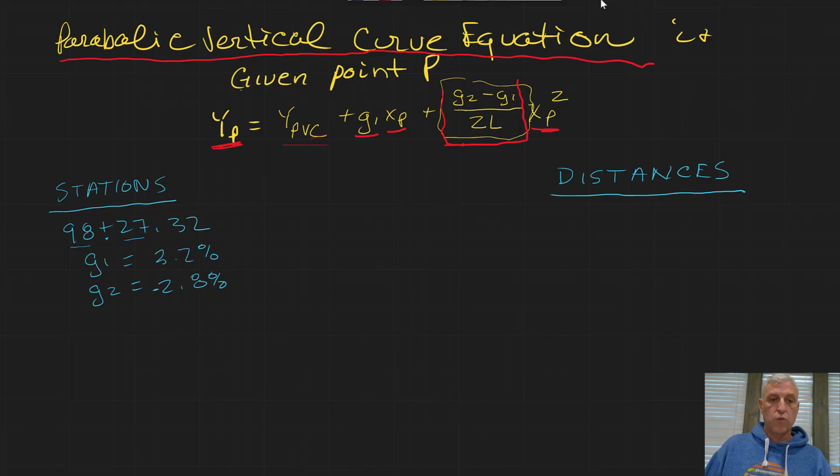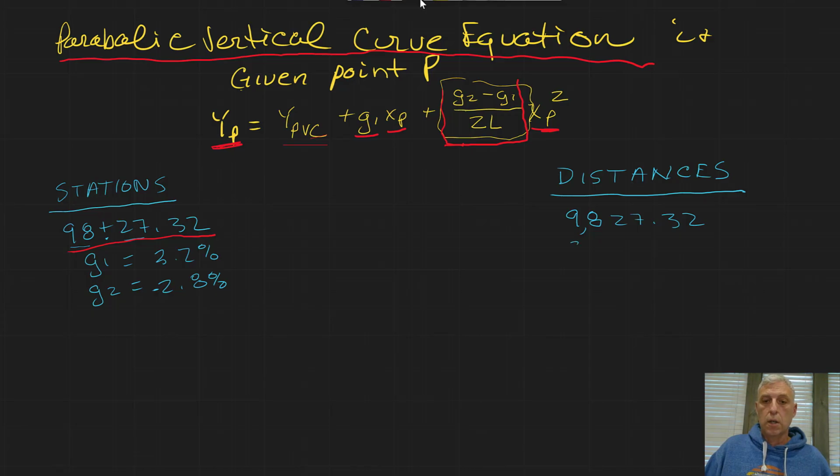So the distance format of this 98 plus 27.32 is just 9,827.32. If you want to stay working in just regular number notation and then report in stations where necessary at the end, it's much easier to keep track of where you are.